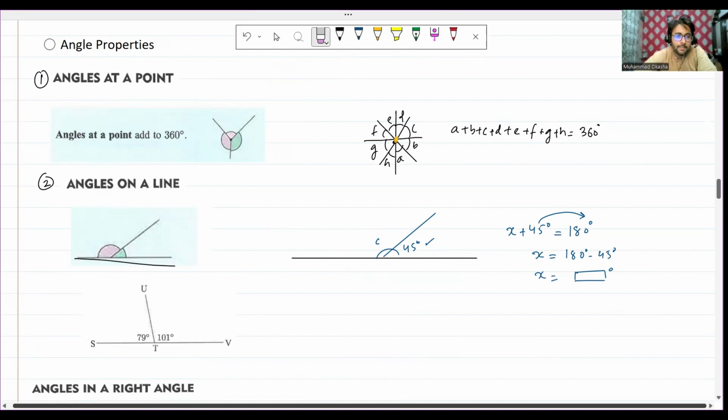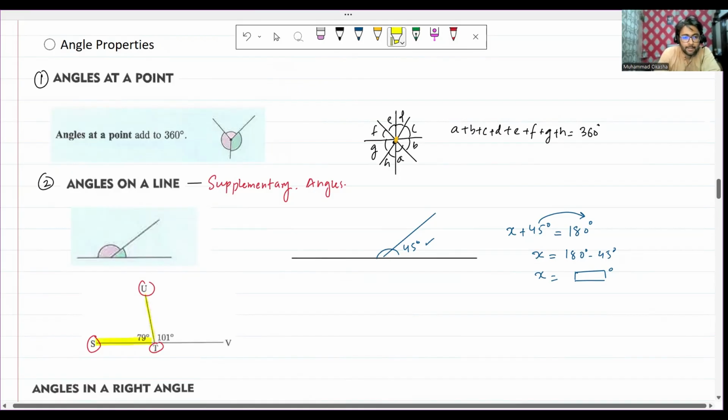Make sense? These angles are called supplementary angles. The name is really important. These angles are supplementary angles. Okay. If you look here, can I say angle STU, which means the yellow angle?